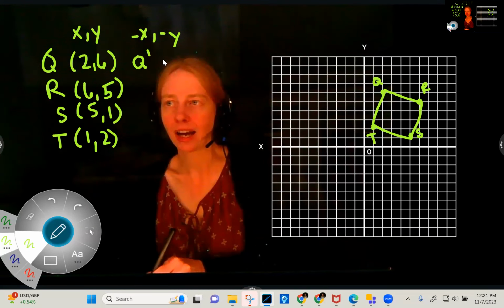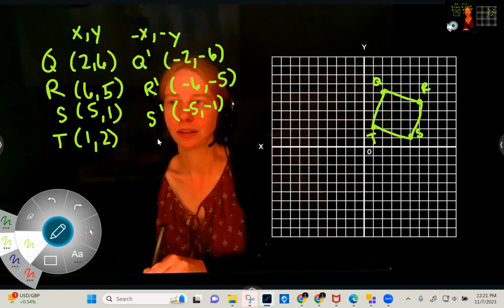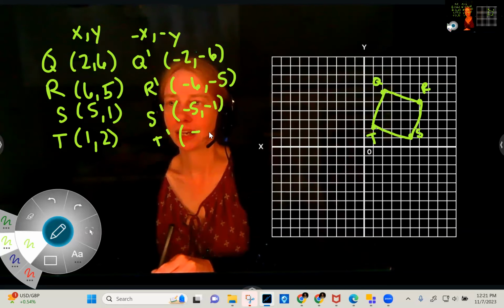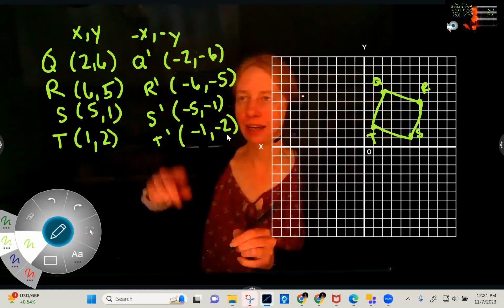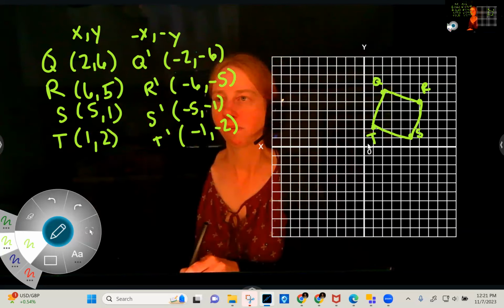My Q prime is -2, -6. My R prime is -6, -5. My S prime is -5, -1. And my T prime is -1, -2. I have changed every sign from the original.